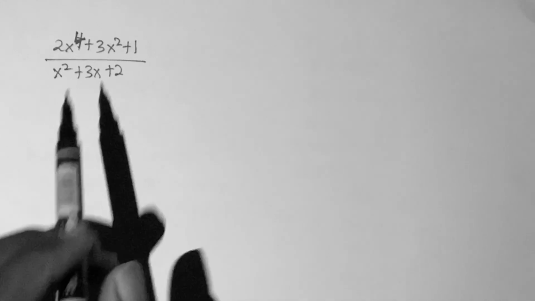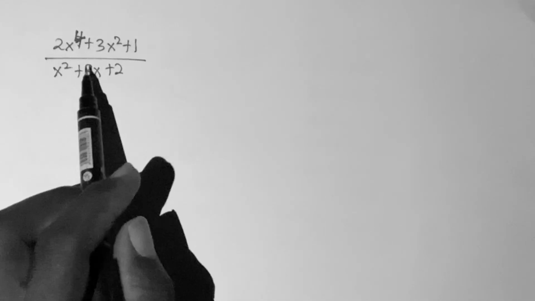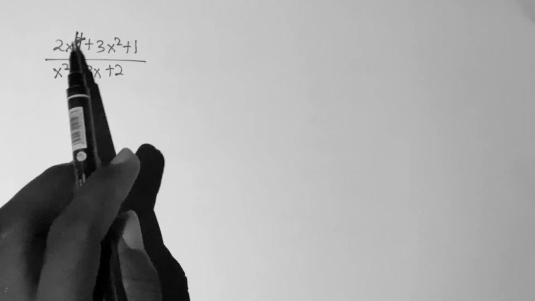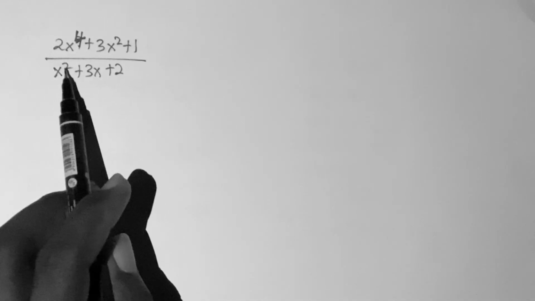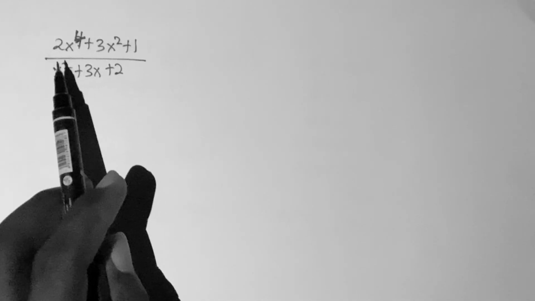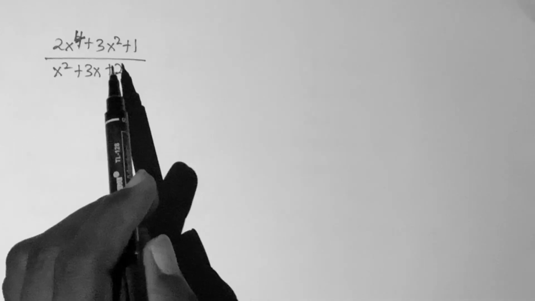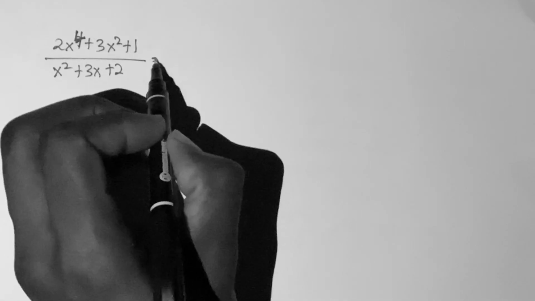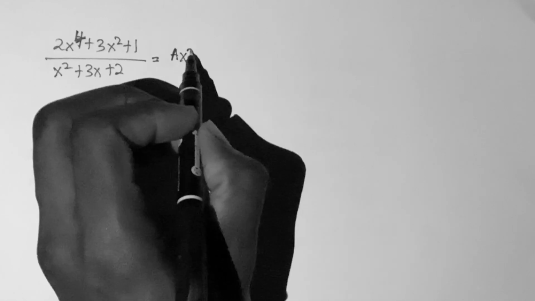You see that this is an improper fraction anyway. We divide the numerator by the denominator. The highest power here is x exponent 4. The highest power here is x exponent 2. So 4 minus 2 is 2. So we have a term which is x squared, so this is equal to ax squared.